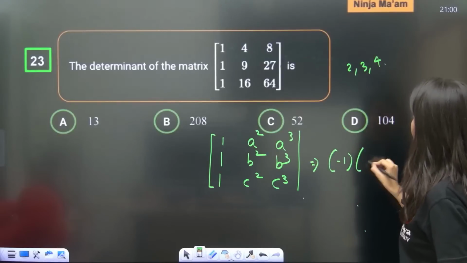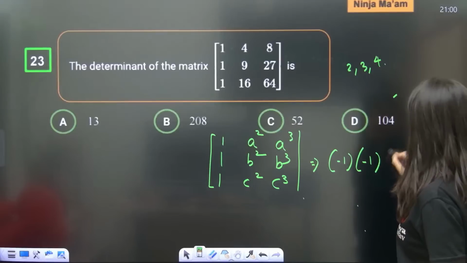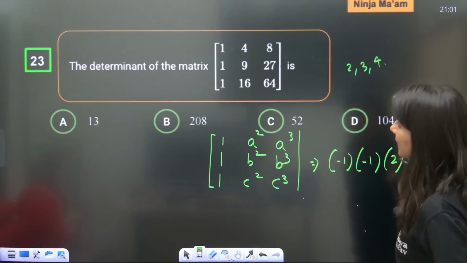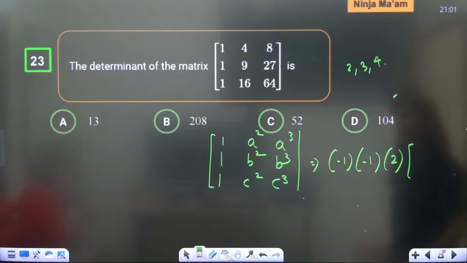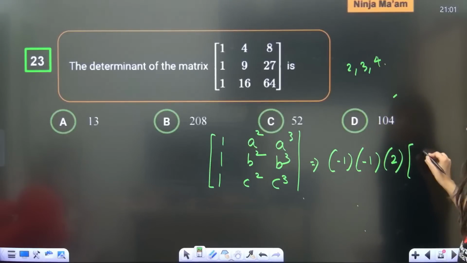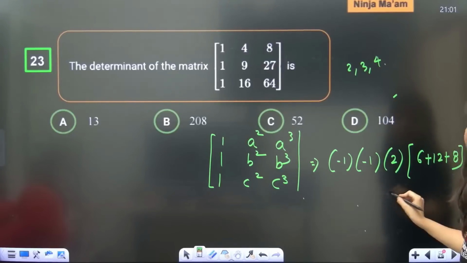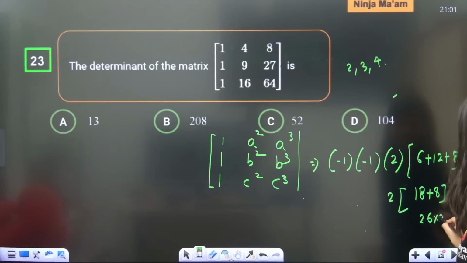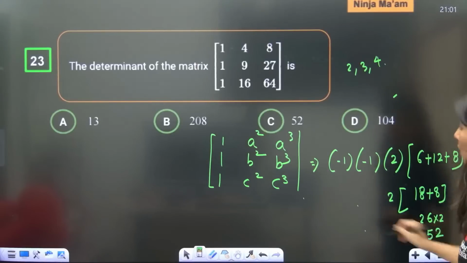B minus c, 3 minus 4 is minus 1. C minus a, 4 minus 2, so this is 2. Correct? And this is ab plus bc plus ca. So 3 2s are 6, 4 3s are 12, 4 2s are 8. So the product of the differences will be 2, and this is 12 plus 6, 18, 18 plus 8, so this is 26, into 2, 52. Option C.